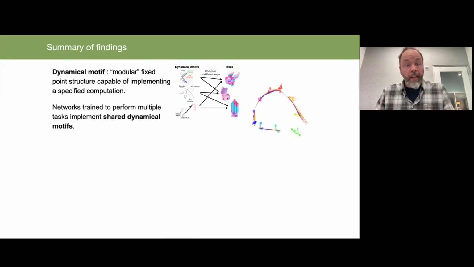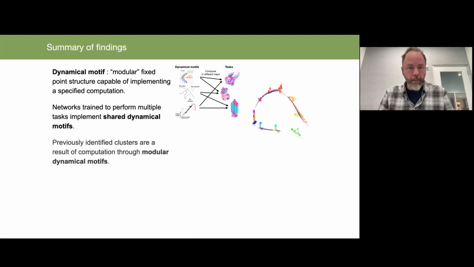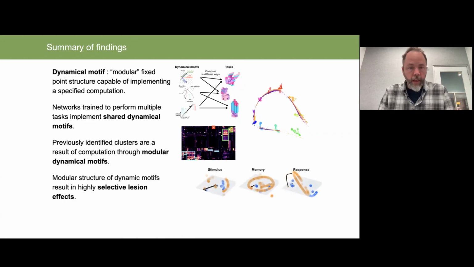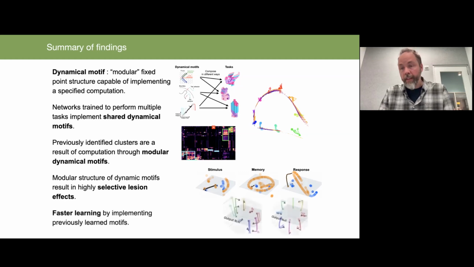And that networks that are trained to perform multiple tasks, they implement shared motifs. This ring attractor is used across all the different tasks that have a circular variable to remember, and it even uses it to rotate it into the output space. And that the previously identified clusters are a result of these modular dynamical motifs. And that if you lesion things, it's modular because of this. And that there's fast learning. Again, I didn't have time to go into that.